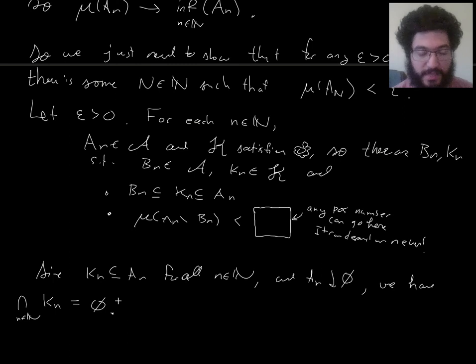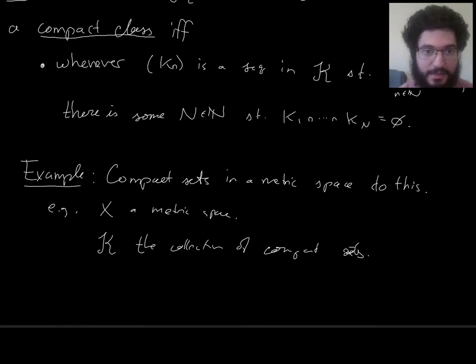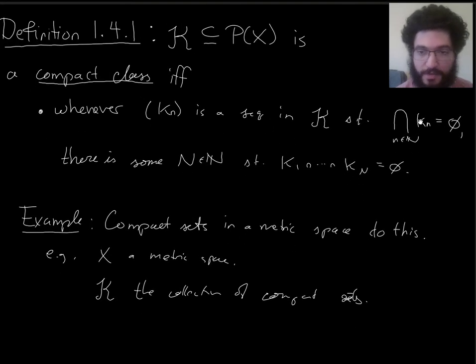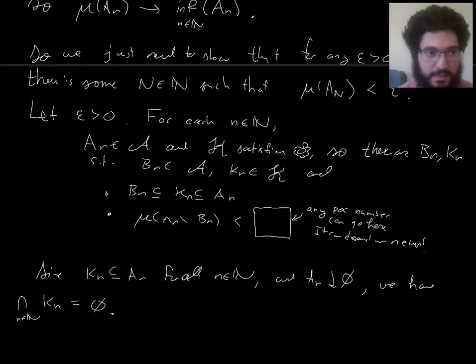Now the fancy K is a compact class, so now we can finally use the definition of compact class back here. It means whenever you have an intersection being empty, there's some capital N such that intersecting just those finitely many is enough to get the empty set.